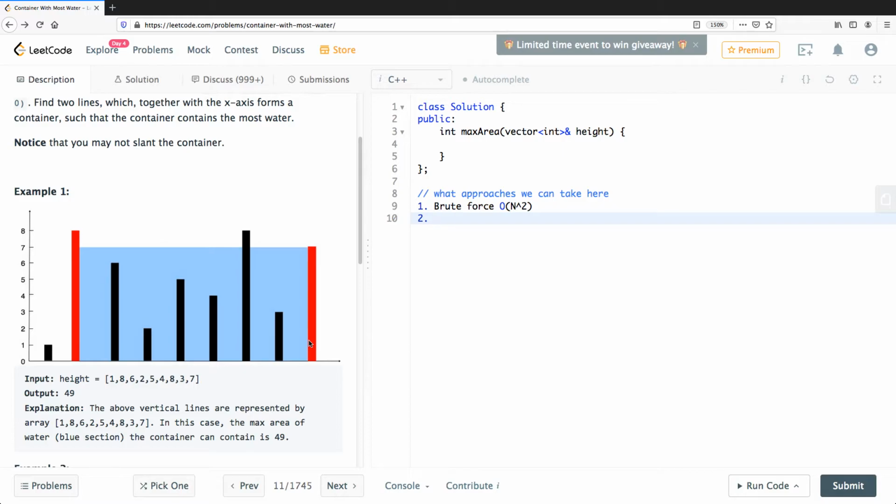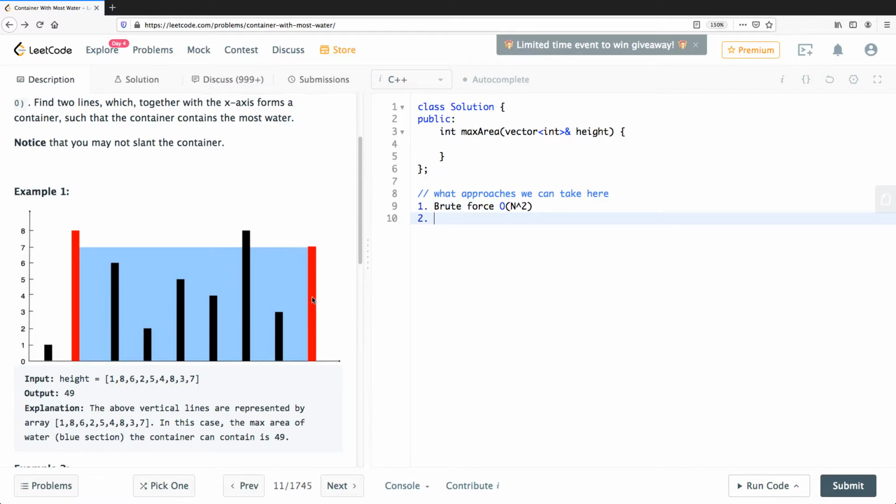Now, if you want to find a better container between these two extremes that we have, where do you think we should move? Should we move this guy, or should we move this guy? Now, as you can see, moving the rightmost guy when the leftmost guy was the minimum is not a good idea, because the minimum you already have here.